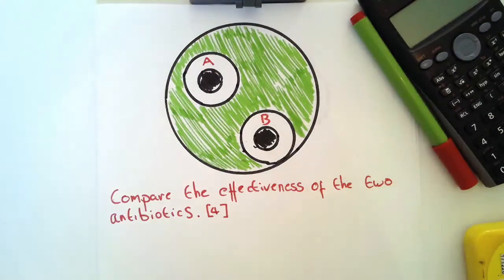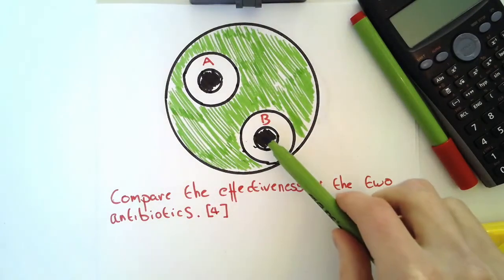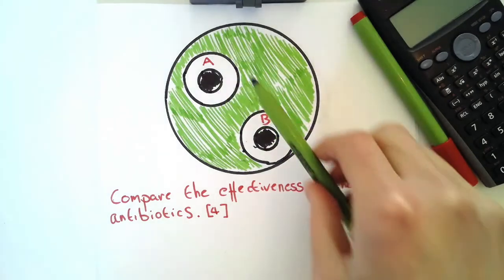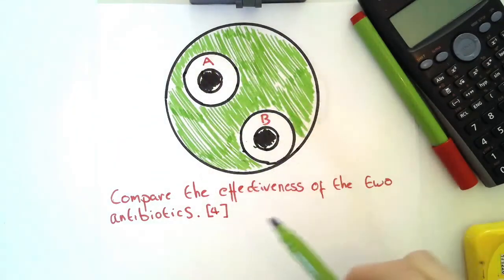Okay, so this is my attempt at drawing out one of these questions. I'm still without a printer, so I have to make do. It will often give you one of these plates with these are your bacteria discs, and this is your clear zone around it.